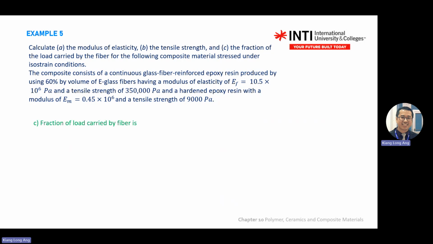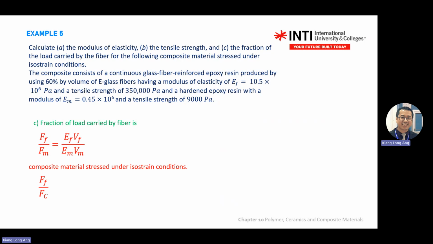All right. Now the fraction of load again is F versus M, or fiber versus matrix. Same, you expand this one with F or stress definition. Stress equal to force divided by area. Apply Hooke's law. You convert this one in terms of E and V. So how to derive this one was already explained in the lecture just now.